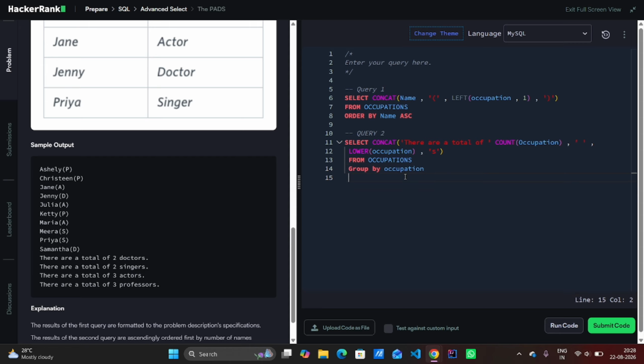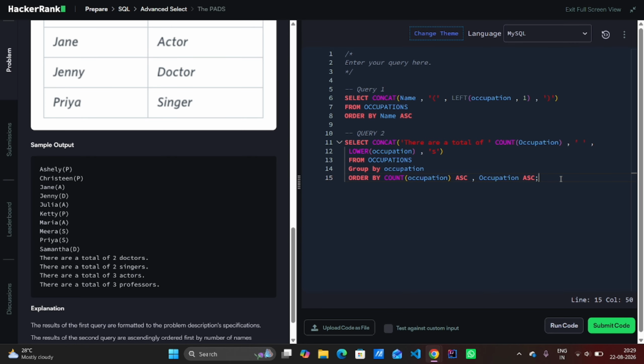Now simply order them by their count, means how many of them there are, in the ascending order, and if they are the same, then according to their alphabetical order.